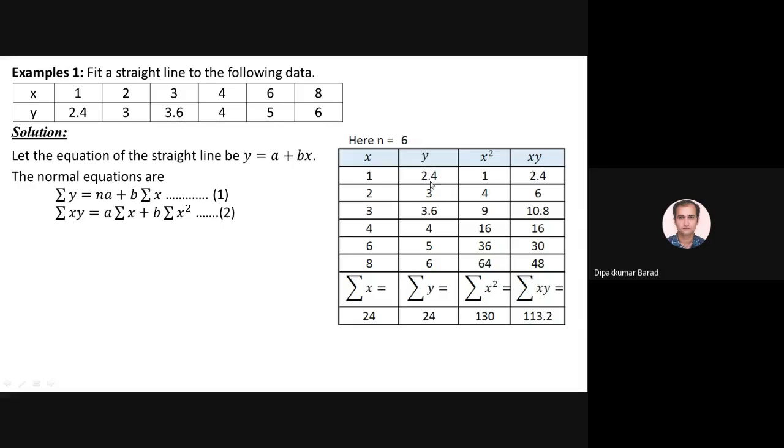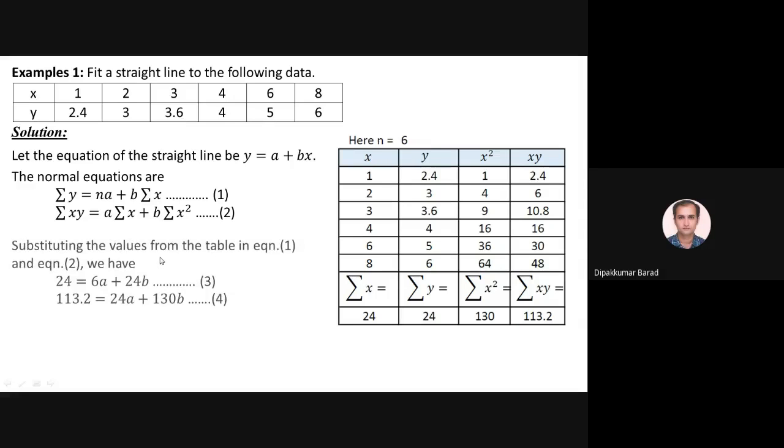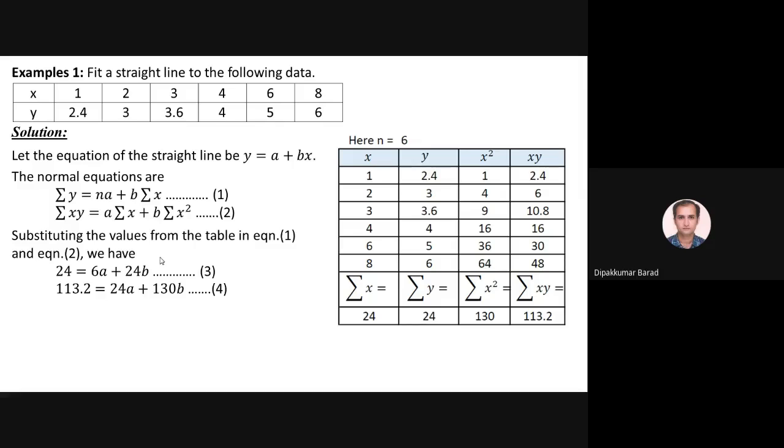Similarly, find x into y. Now sum all of these: summation x, summation y, summation x square, summation xy. I get 24, 24, 130, and 113.2. We will put these values in the equations. Summation y is equal to 24 and n is equal to 6.